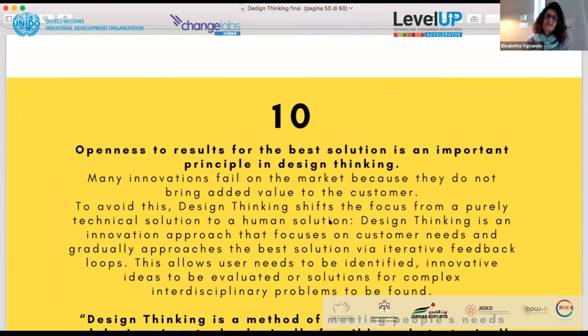So this last sentence, number 10, I believe is the most important one, because again, design thinking puts the technical solution together with the human solution.